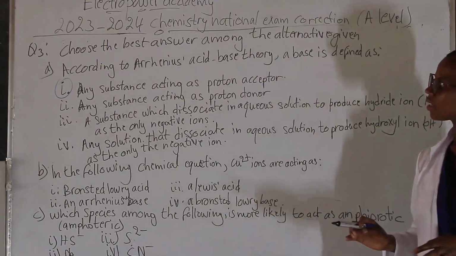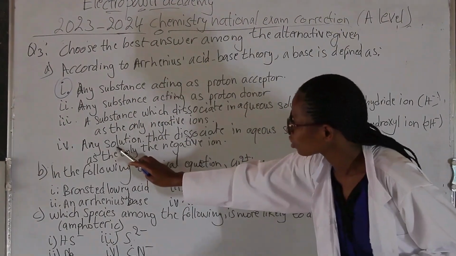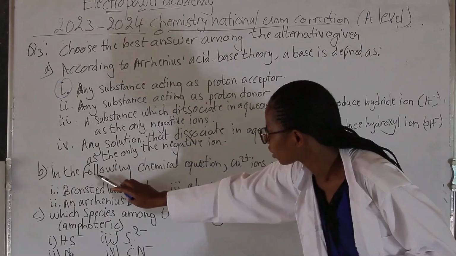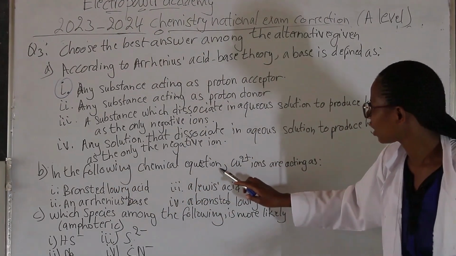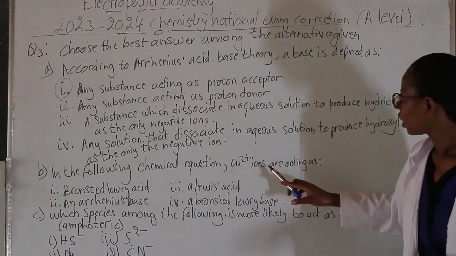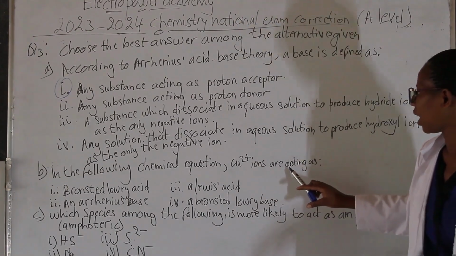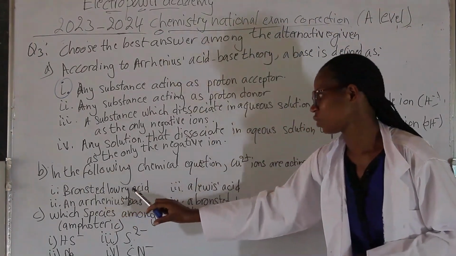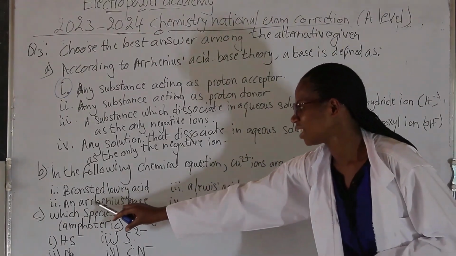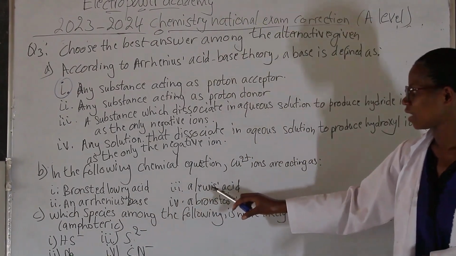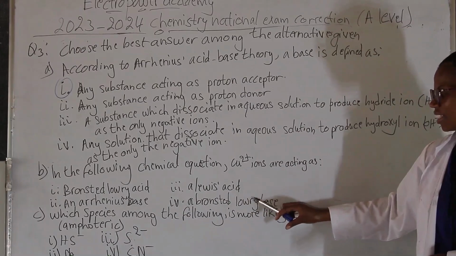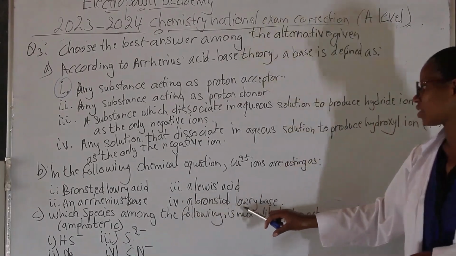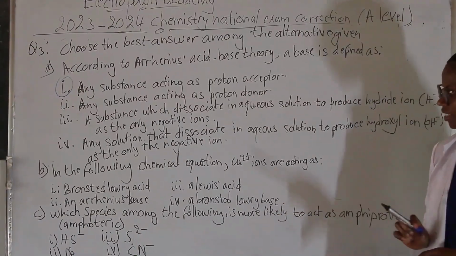For number B, in aqueous solution, in the following chemical equation, copper 2+ ions are acting as: I, Bronsted Lowry acid; II, Arrhenius base; III, Lewis acid; IV, Bronsted Lowry base.